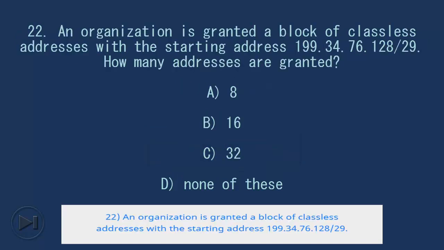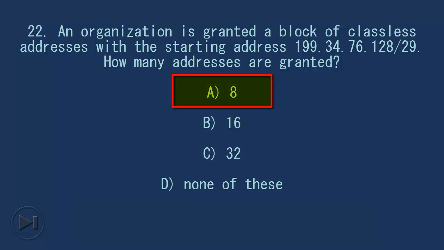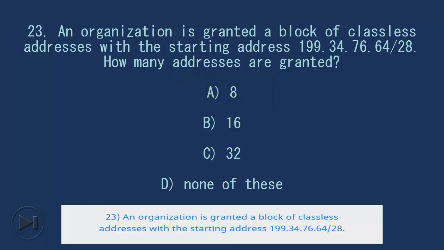22. An organization is granted a block of classless addresses with the starting address 199.34.76.128/29. How many addresses are granted? A. 8. B. 16. C. 32. D. None of these. Answer, A. 8. 23.